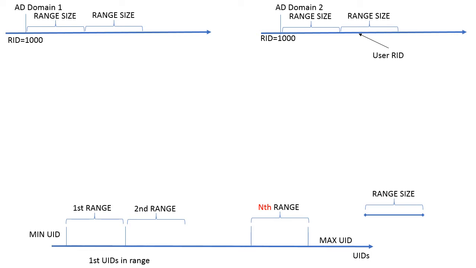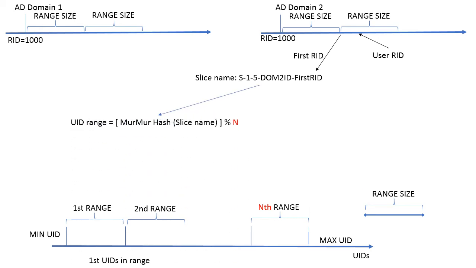We check a user with a specific relative identifier. The user is in the second range. So what will SSSD do? It will look for the first relative identifier in this range and then create a so-called slice name. I'm using names just following the variable names from the SSSD code. So this is called the slice name, and then it will use the slice name to check which range on the UID side should be used.